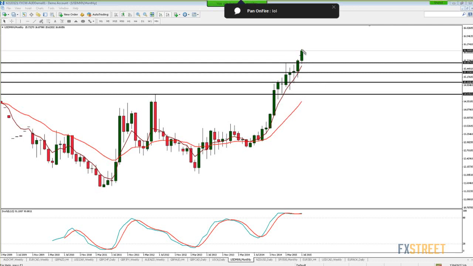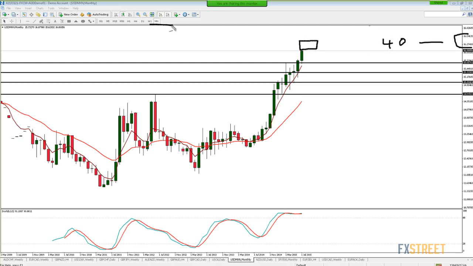So it's likely in my mind that this zone, and it's 40 cents, I mean, it's serious. It's a monthly chart we're talking about. It's likely that this zone next month creates a candle that looks like this. The little wick up here.